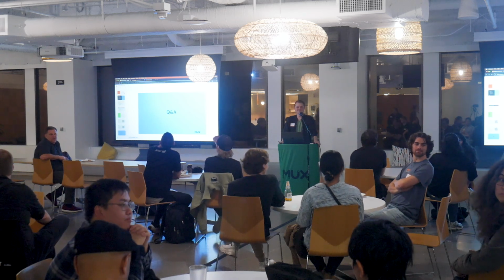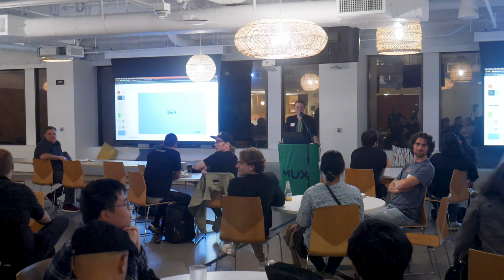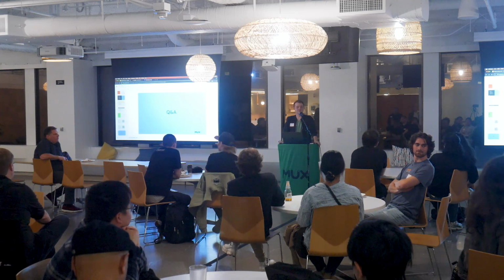Yeah, just the GIFs, are they generated by Mux, and can you control what shows up in those GIFs? That's a wonderful question. The question was, were the animated GIFs driven by Mux, and can you control what's actually shown? The answer is yes and yes. So using that formatted URL I was talking about, using the playback ID that you would get for the video, you would use that same playback ID in a formatted URL to get the animated GIF.